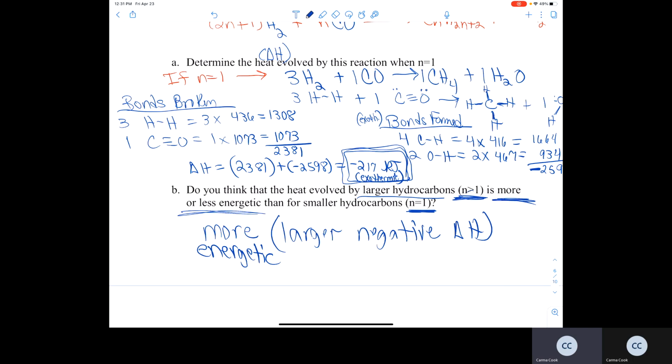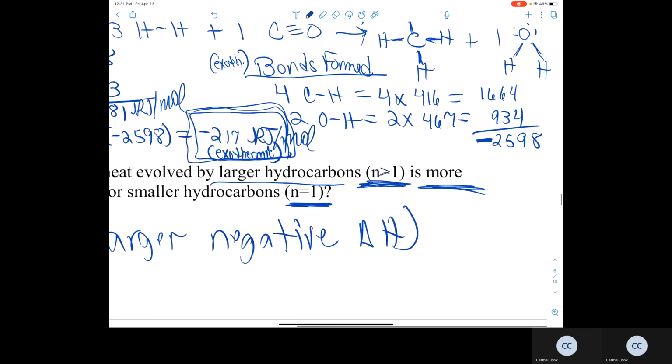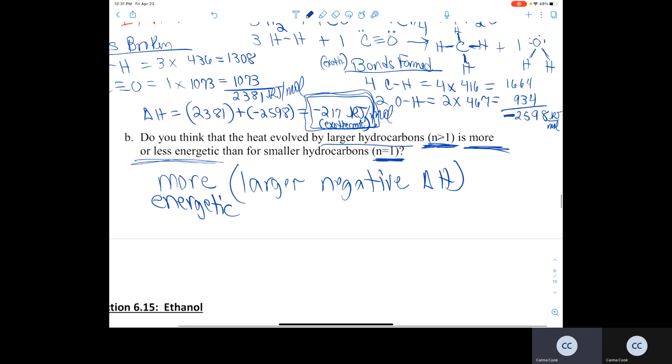If n is equal to 2, you may get a negative 400 kilojoules per mole. If n is equal to 3, your delta H may be negative 700 kilojoules per mole.